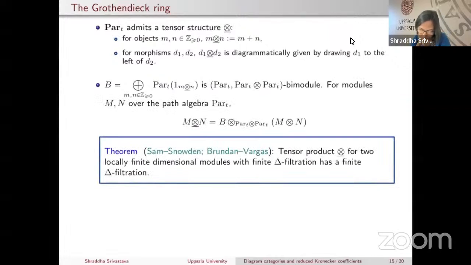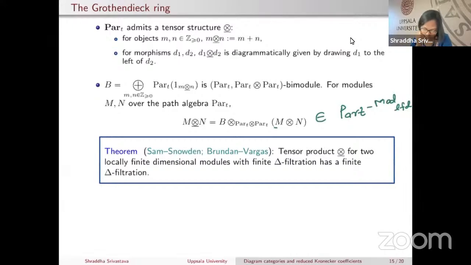If we take two left modules over the path algebra of the partition category, then their ordinary tensor is a left module over P tensor P. And if we tensor this with this bi-module, it becomes a left module over P, basically P-mod, locally finite dimensional.